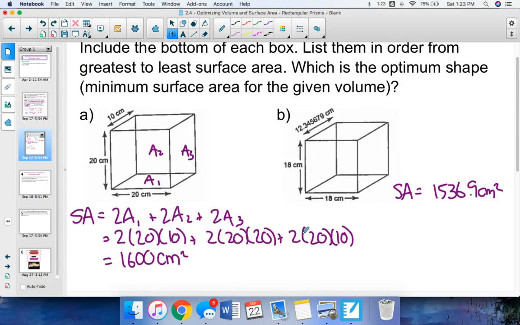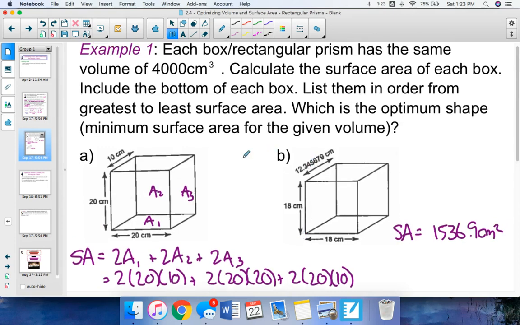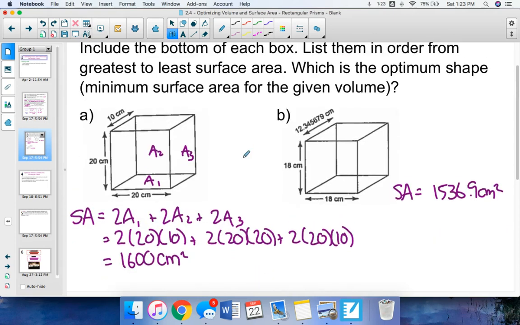Okay. So we want to look at which one was least surface area and tying this to more real world situations. Least surface area means the least amount of cardboard if we're building a box. Or if we are building like a metal crate, we want the most volume for the least amount of surface area because surface area is the material that we'd be building this box out of.